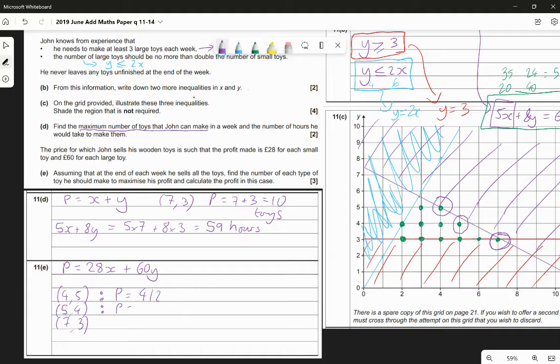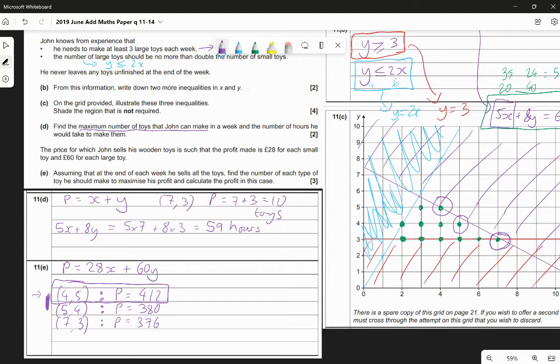At 5, 4, the profit is 5 lots of 28 plus 4 lots of 60, which is 380, which isn't surprising because they've got the same number of toys created, both 9 toys, but in the top one, you have more large toys, and large toys give you more profit. So it should give you the better amount of profit. And the last one, 7, 3, 7 28s and 3 60s is 376. So the best option is 4, 5, and he makes £412 profit.